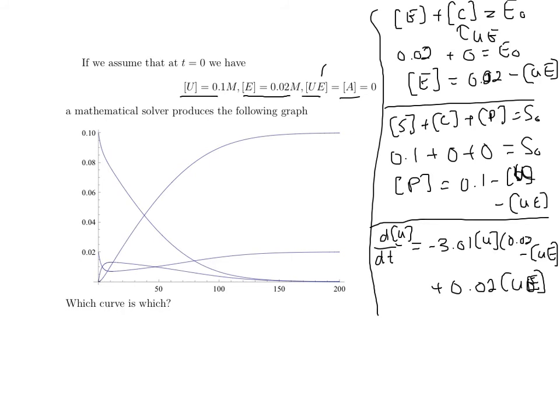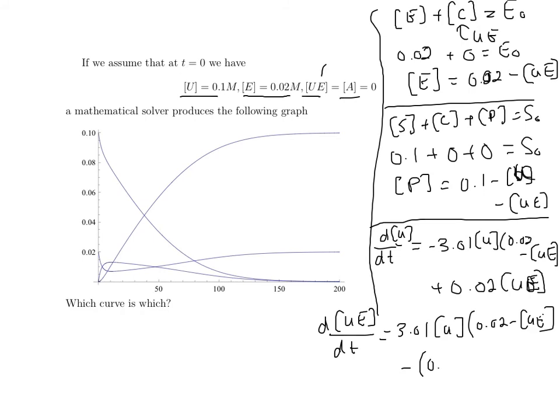And similarly, our equation for the amount of complex, UE, is positive 3.01 U times 0.02 minus UE, and then minus the sum of our two reactions, 0.02 plus 0.1, times UE.